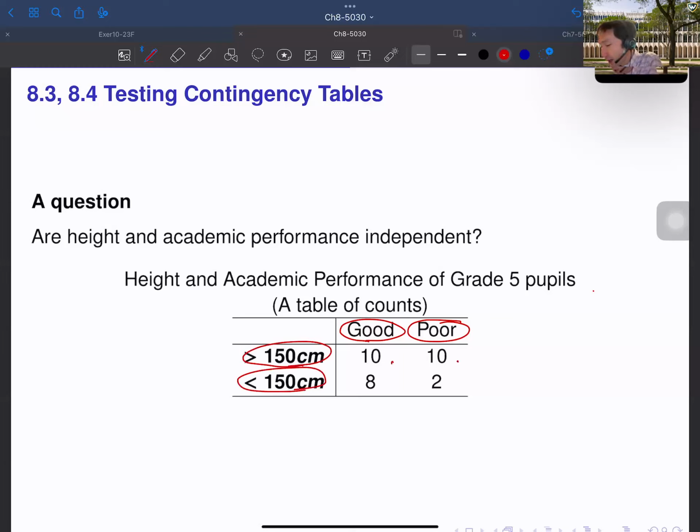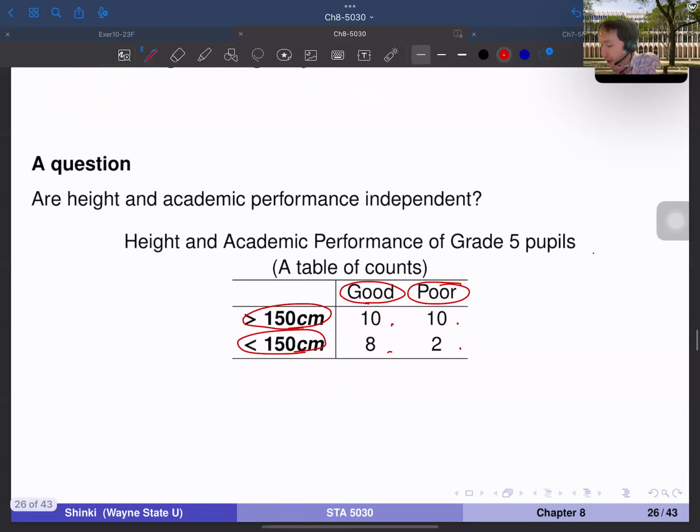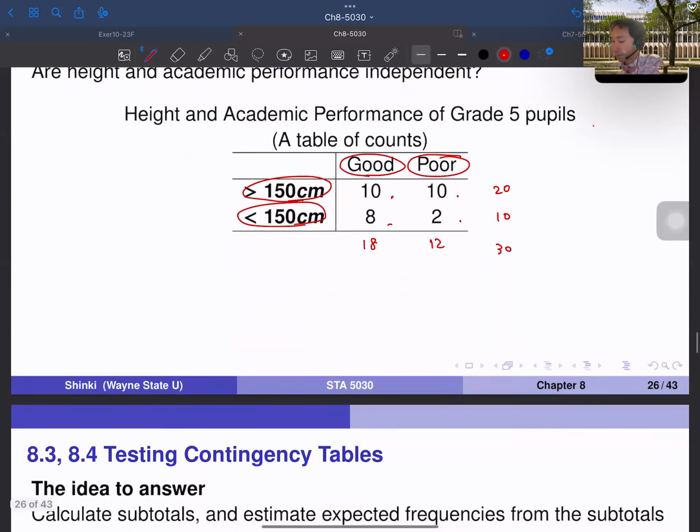And suppose these are observations in one class. So 10 students are good and more than 150 centimeters, and 8 students are good and less than 150 centimeters, and so on. In total, we have 30 students: 18 good and 12 poor performances, and 20 students more than 150 centimeters, and 10 students less than 150.